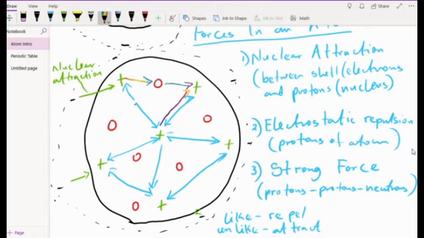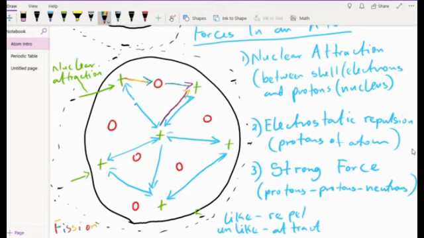The nucleus only breaks apart in nuclear fission, and that's when you talk about the atomic nuclear bomb. So when you break it apart, you have fission. We also have the joining together of nuclei, which is nuclear fusion.